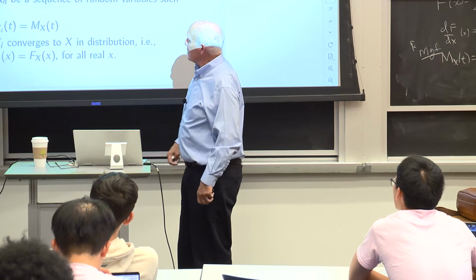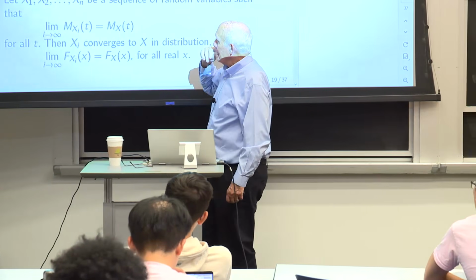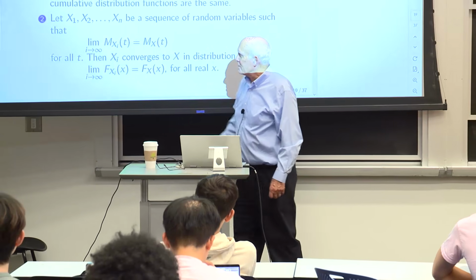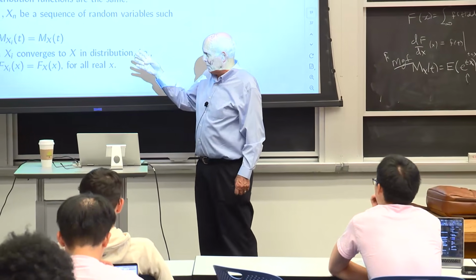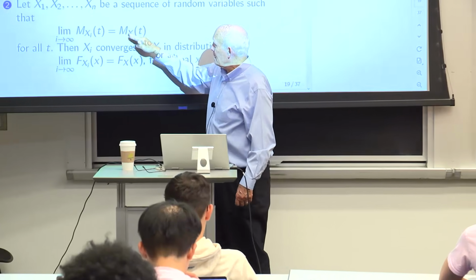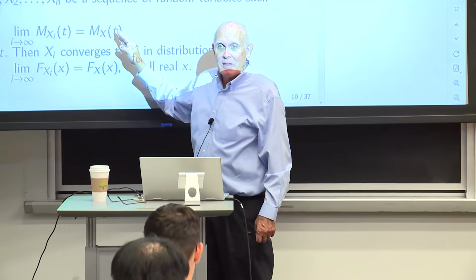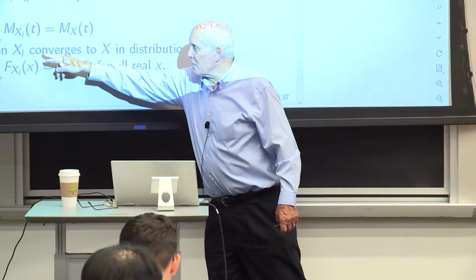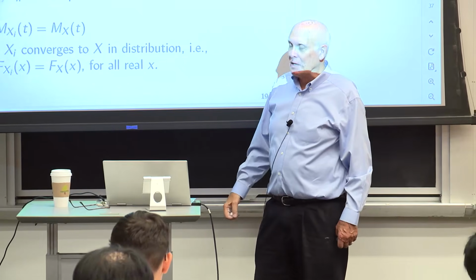And if we consider a sequence of random variables whose moment generating functions converge to a function that's the moment generating function of some distribution, then the sequence of random variables converges to that distribution as well.